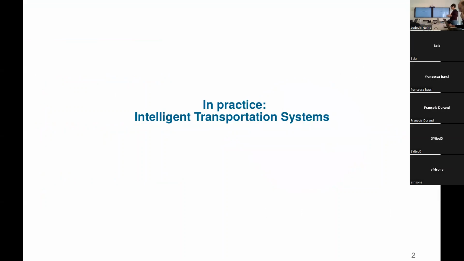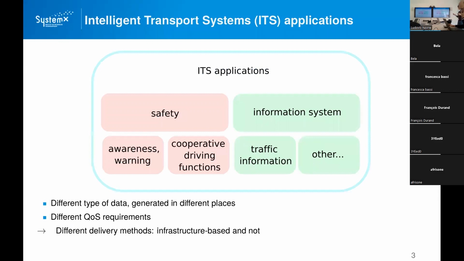But then in practice, all this theory is used to build what is called not a vehicular network, but an intelligent transportation system. So intelligent transport systems are systems that need to support a set of applications, which can be divided in two broad classes. One is safety, and the other one is the information system. So in the safety class, you can share information about awareness of who is on the road, and this can help you having warnings for your driving function.